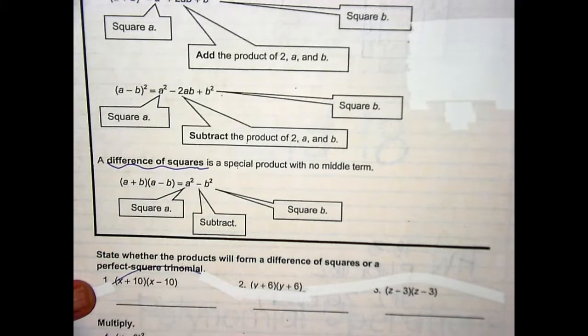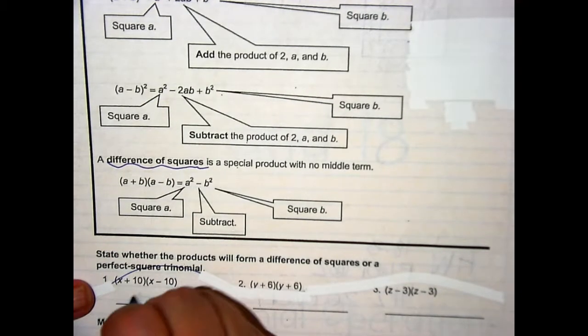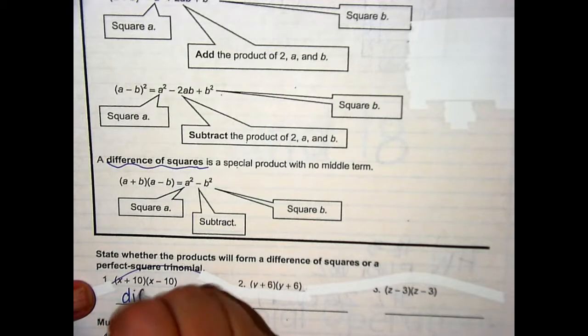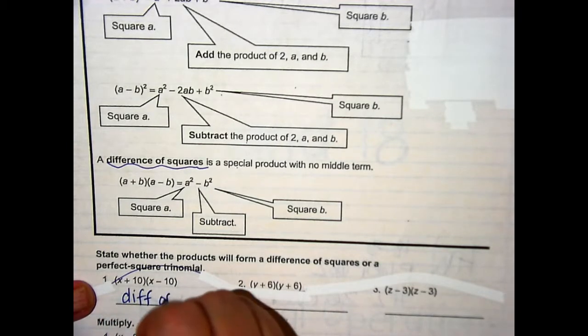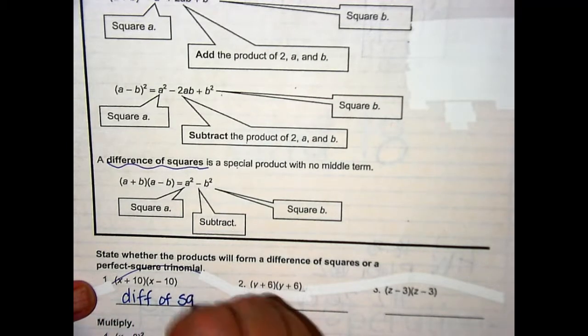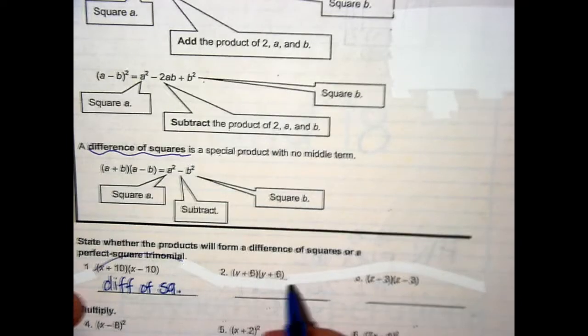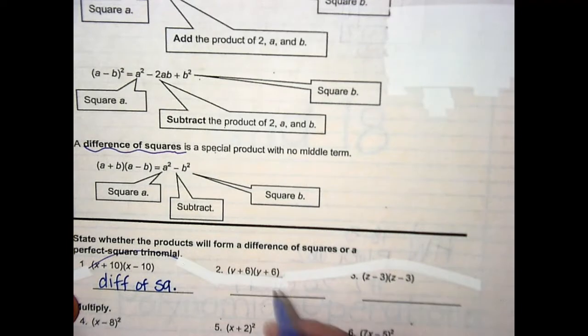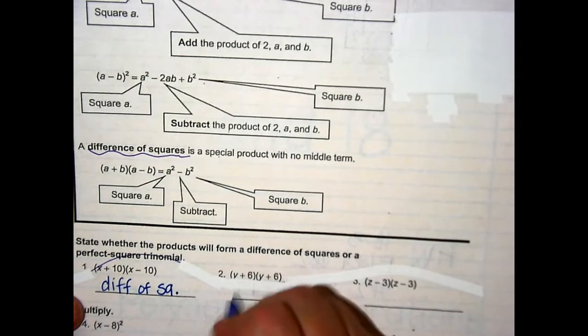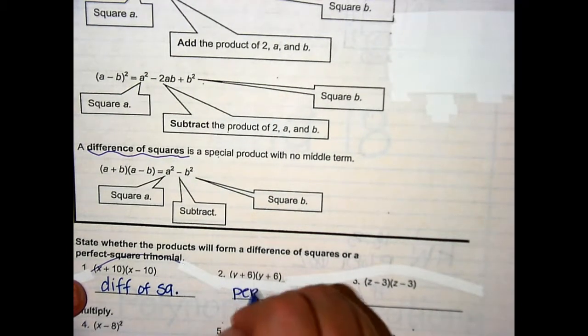This is the difference of squares. When I have y plus 6 times y plus 6, I know it's not written with the square, but this is a perfect square trinomial.